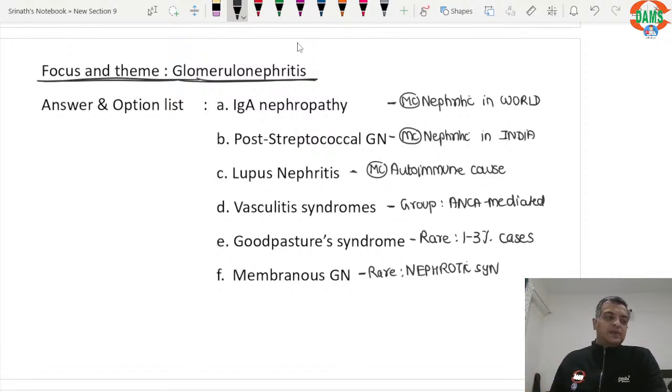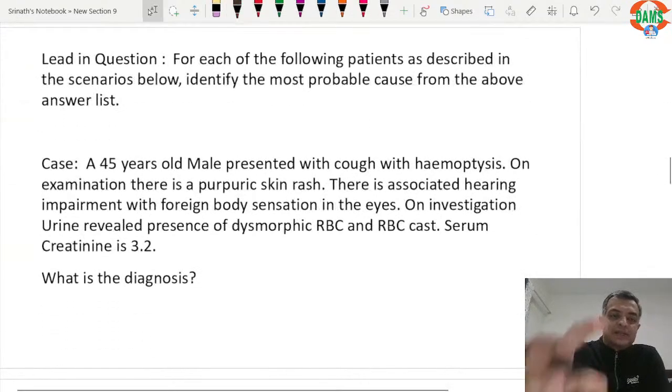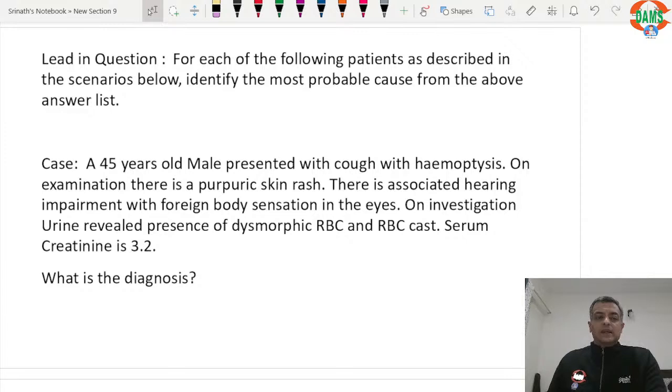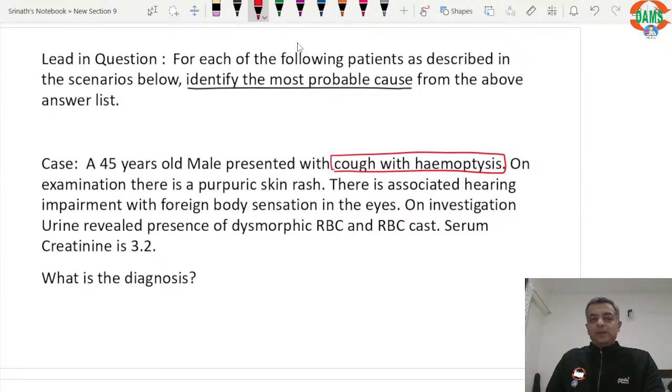Out of these options of GN, which one will be the correct answer in the first scenario? Identify the most probable cause from the answer list. Here, the patient is a 45-year-old male who has presented with the symptom cough with hemoptysis. So cough with hemoptysis indicates the patient has pulmonary involvement.